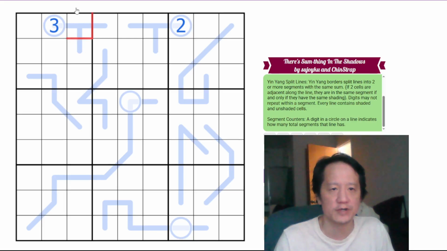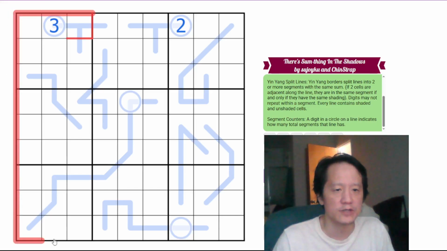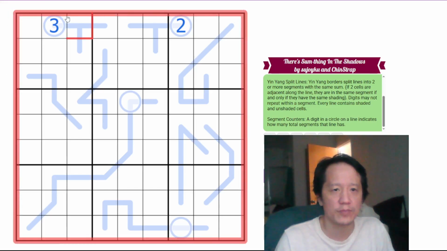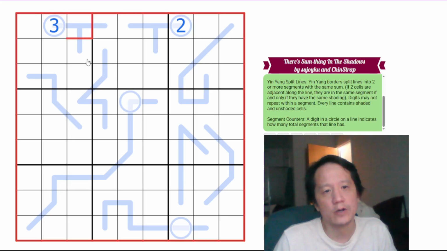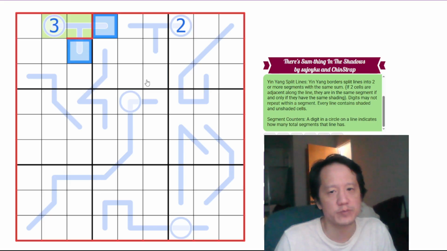So this is a boundary. Okay, so the boundary, we have to do that. So this has to be different than these. So I guess we'll shade this green. These have to be different then. These are different boundaries.